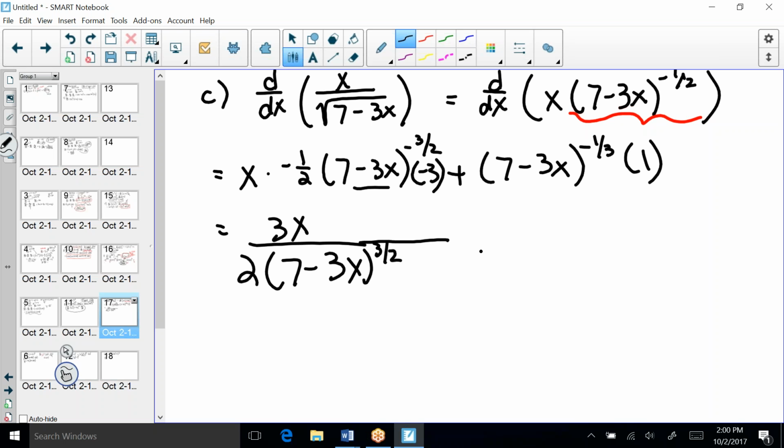And then this is going to be plus 1 over this 7 minus 3x. Oh, why did I put a 3 here? This should be a 2, because we decreased negative 1/2 by 1. We have minus 1/2 minus 2/2 minus 1. So yeah, that should be a negative 3/2 here.